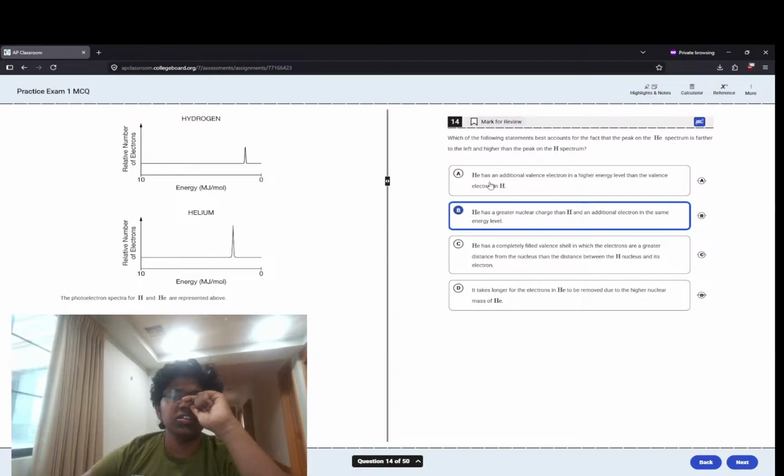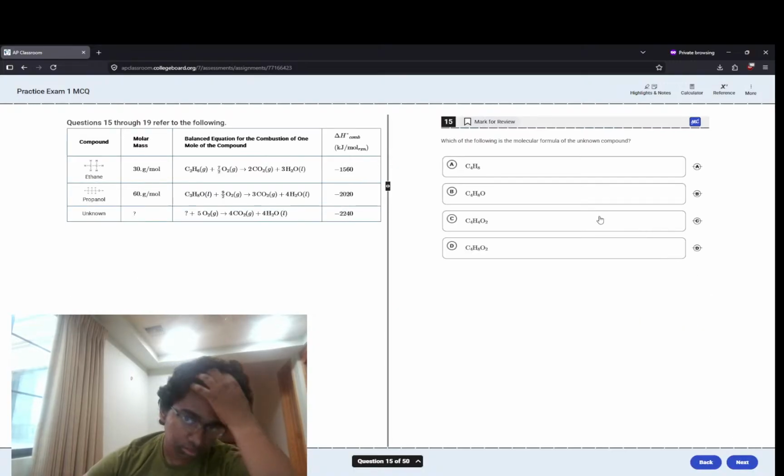So it's probably this. This is true, but doesn't explain why the energy would be higher. Okay, cool. Let's do this question.